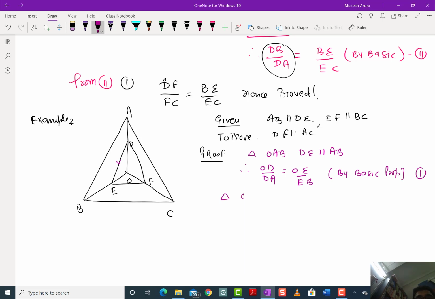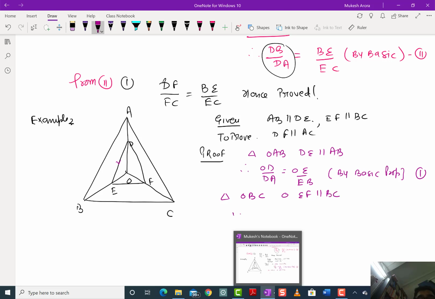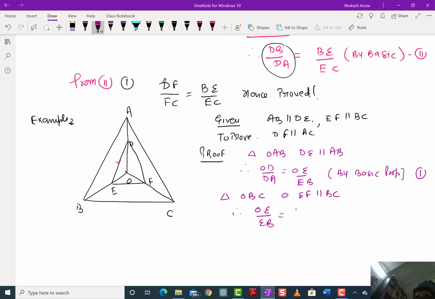Then in triangle OBC, EF is parallel to BC, therefore OE upon EB is equal to OF upon FC, again by the basic proportionality theorem.